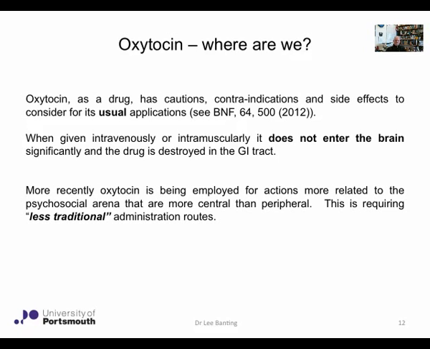More recently, oxytocin is being employed for actions that are more related to its psychosocial arena, and these are more central than peripheral. People are in some ways treating oxytocin as a street drug because they feel, given a building popular press, that oxytocin does facilitate certain behaviours: it strengthens emotional ties, heightens sexual awareness, and so on.